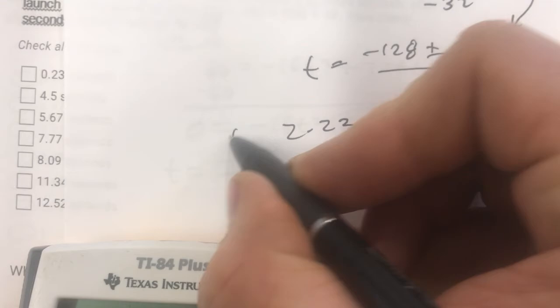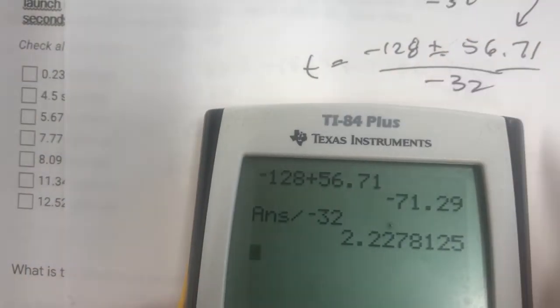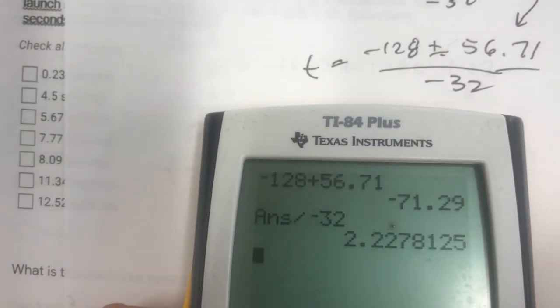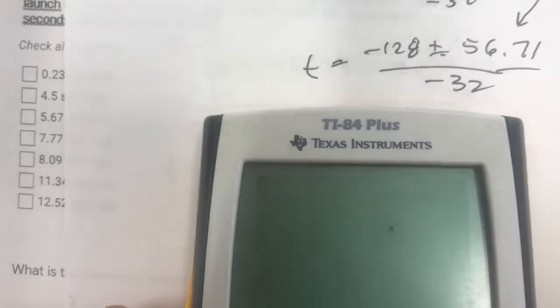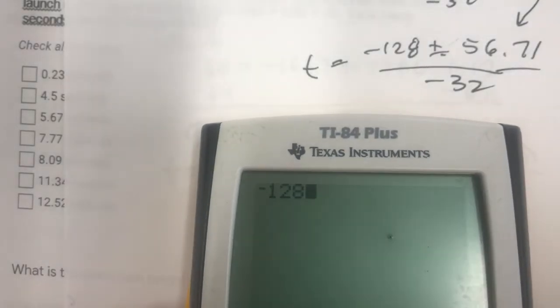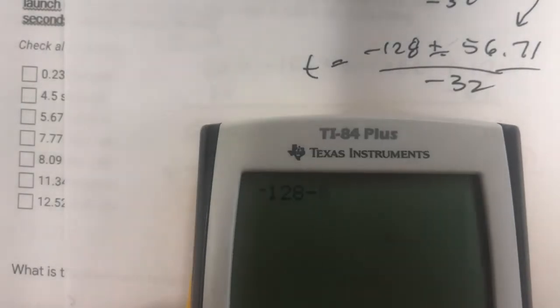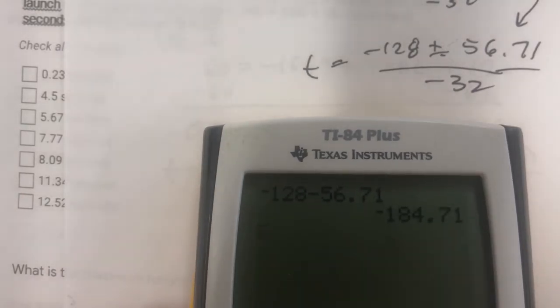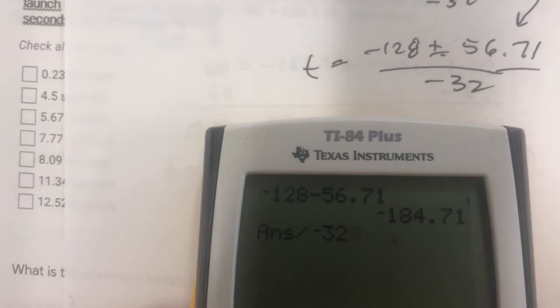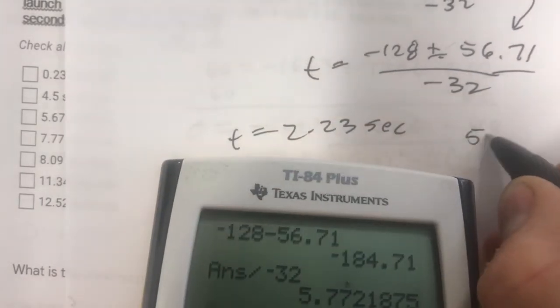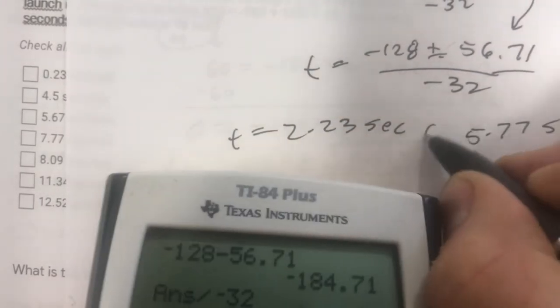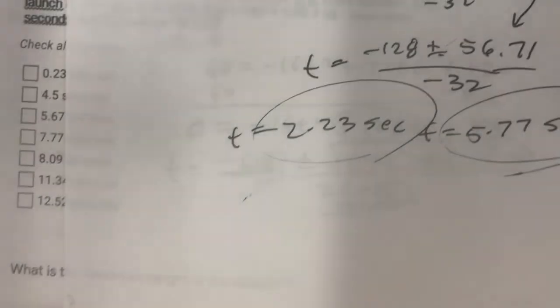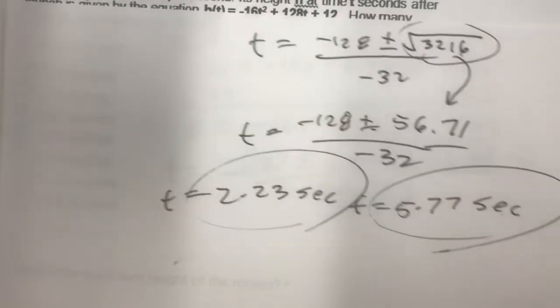There's one answer. Now I'm going to do the minus one. So I got negative 128 minus 56.71 equals, and then divide by negative 32. And there you go. And there's my two answers.